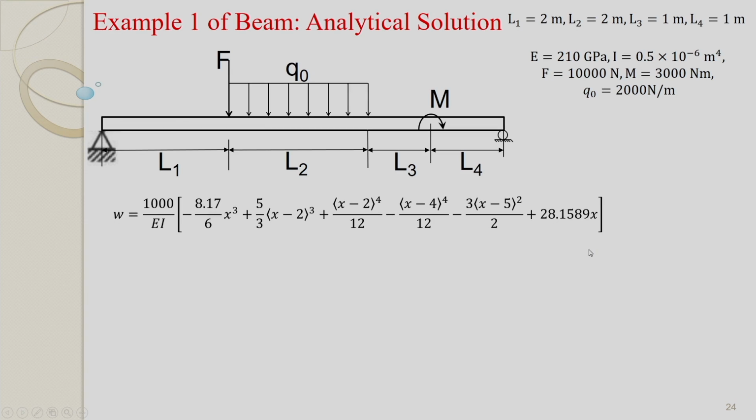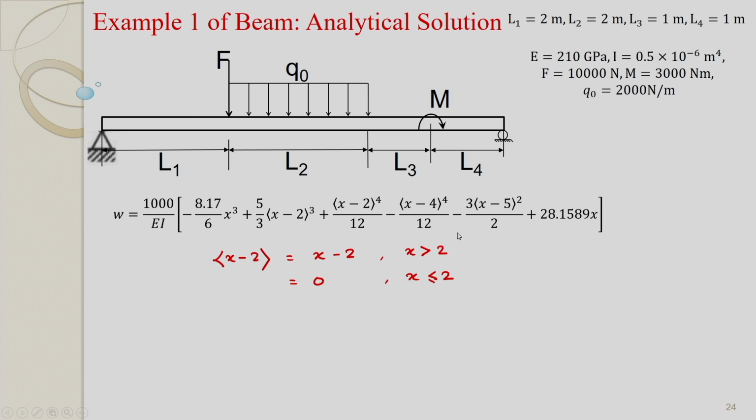Now, for this problem, this is the analytical solution, where this bracket means, by x minus 2 we mean x minus 2 when x is greater than 2, and it is 0 when x is less than or equal to 2. So, this is the meaning of this bracket.